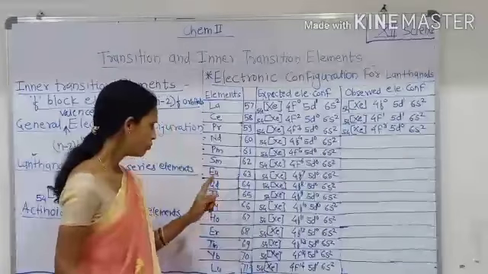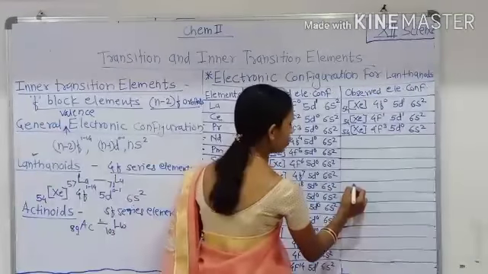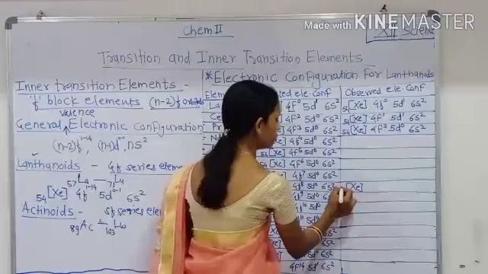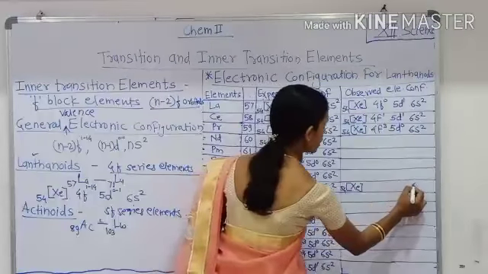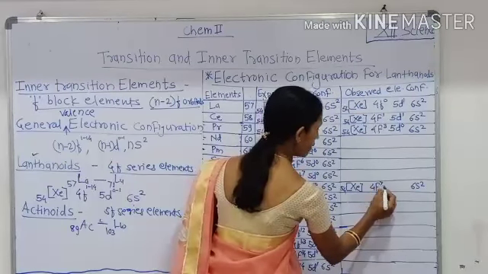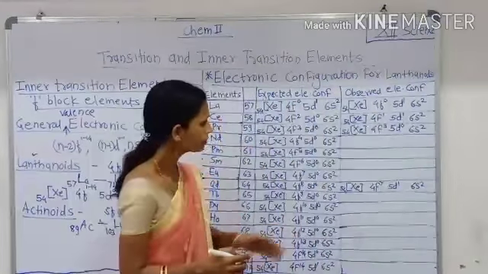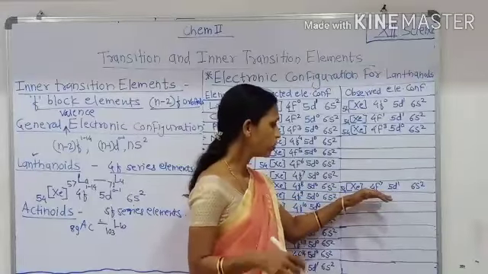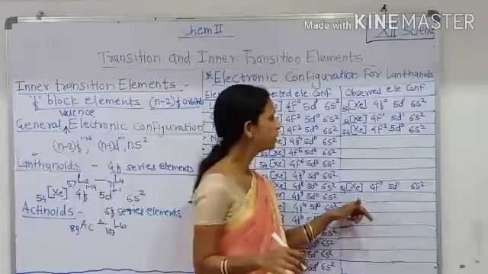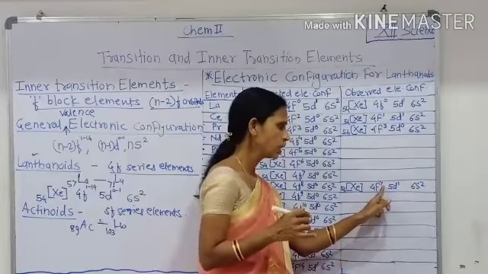See here, one more thing, in gadolinium, the observed electronic configuration is xenon 54, 6s2, 4f7 and 5d1. That means here, I have written the observed electronic configuration of gadolinium first, because here the 4f orbital has 7 electrons.